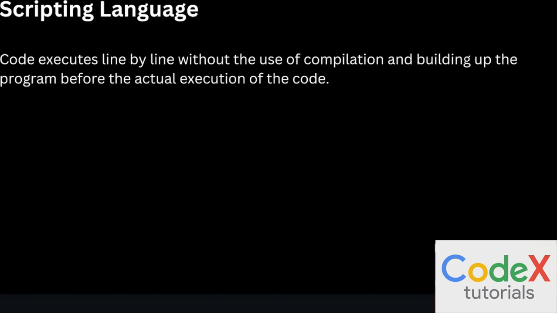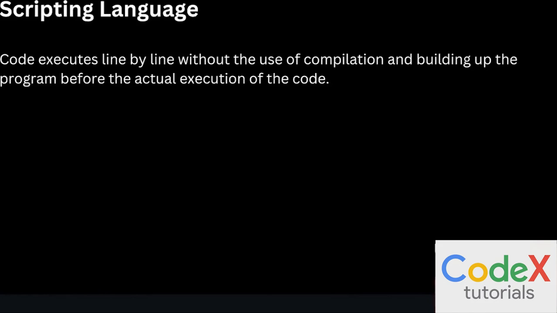For example, if you have worked with previous languages or if you have any idea about Java, whenever we compile or run our code in Java, it converts it into an executable format or something which we call as bytecode, and then that bytecode is understood by the computer and then it is executed. So it is a two-phased execution.